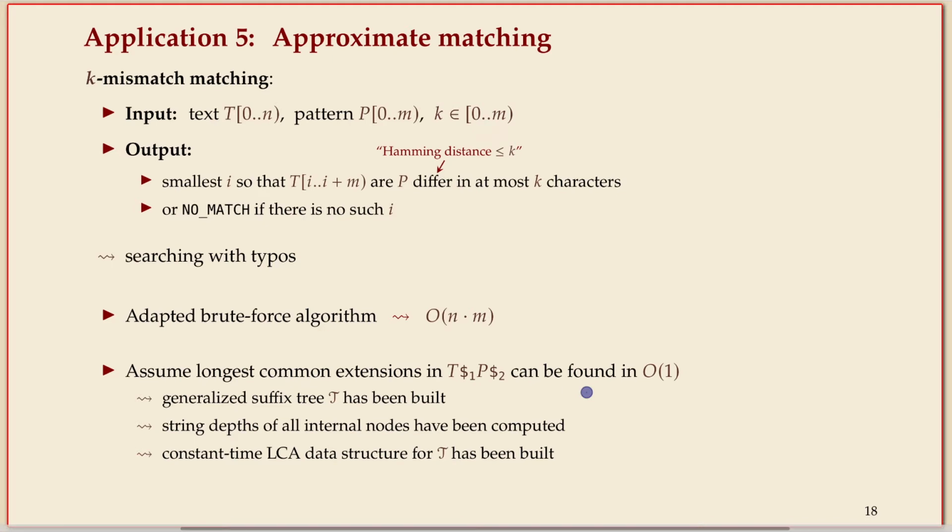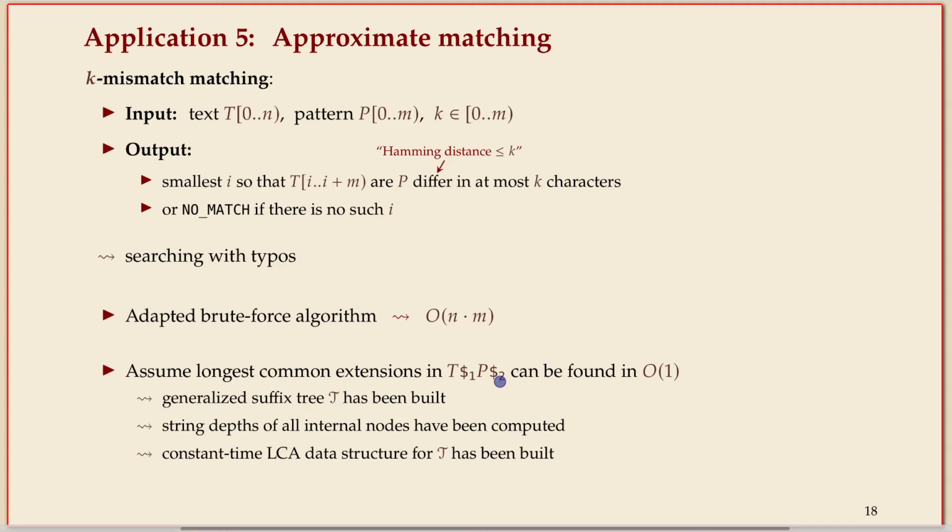Now, how does this fit into the section on longest common extensions? Well, let's look at this string where we have the text and the pattern. Again, we applied the same idea as for the generalized suffix trees. Just take the strings, concatenate them, and throw in some dollar symbols. That served us well before.